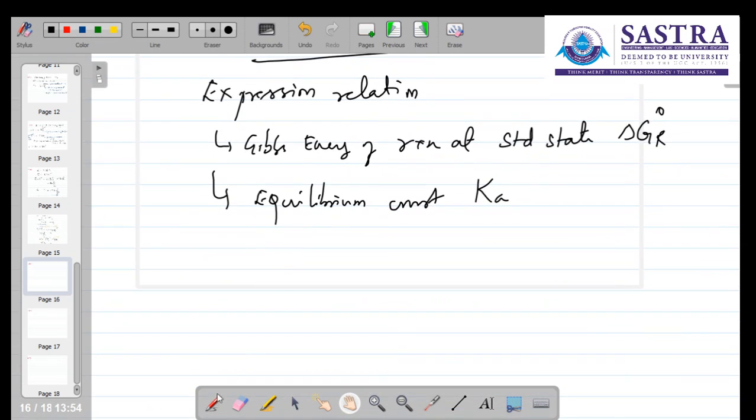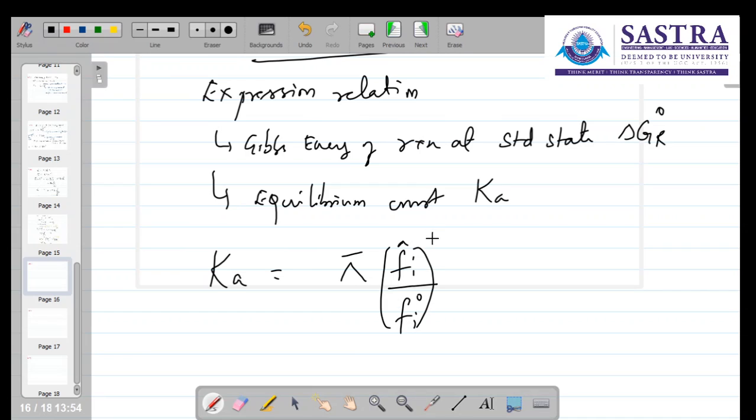The definition for Ka is a product of the fugacity of the component in a reactive system, so that means in a solution, divided by the fugacity of the component at the standard state, the whole raised to the respective stoichiometric coefficient. So this term together is denoted by Ka.